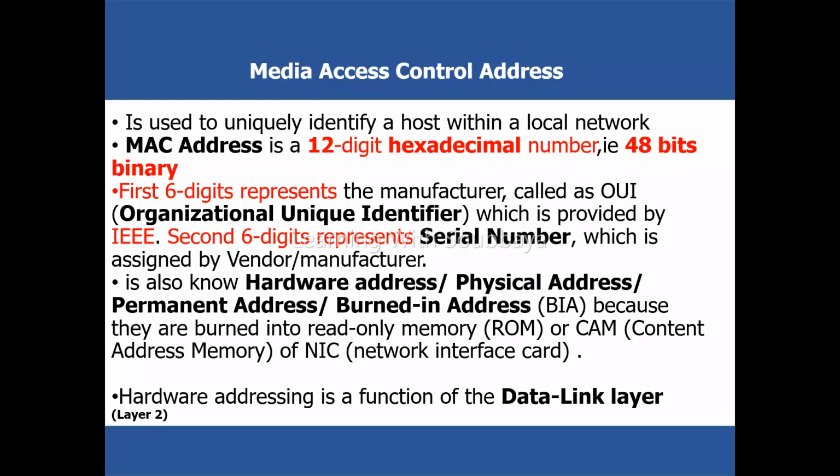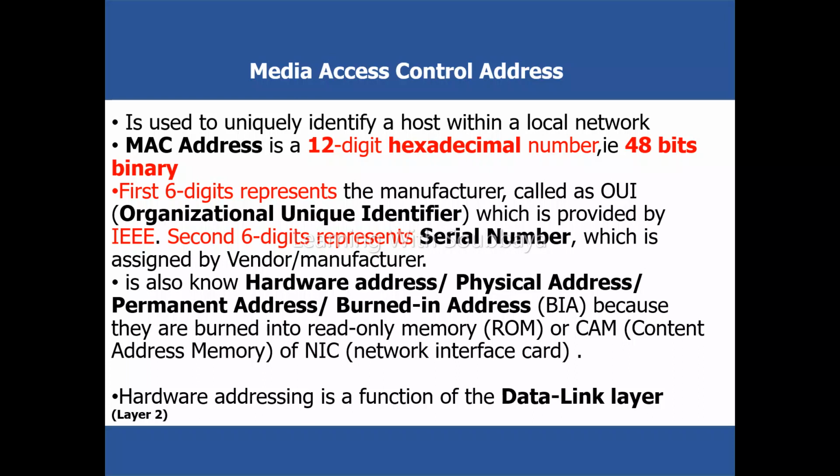So a MAC address is a 12-digit hexadecimal number, or a 48-bit binary number. To convert from hexadecimal into binary, each digit is multiplied by 4 bits.